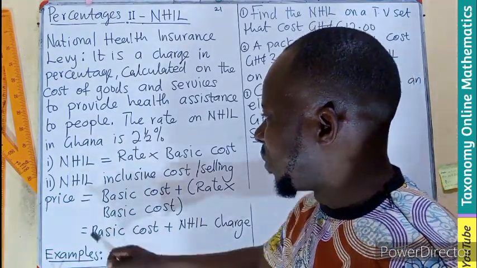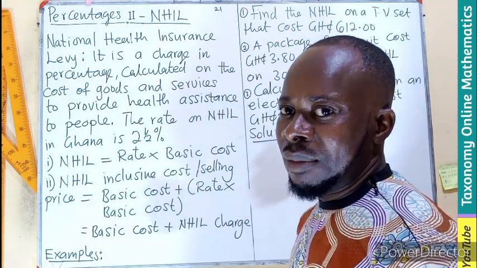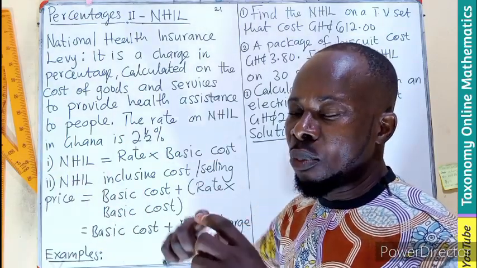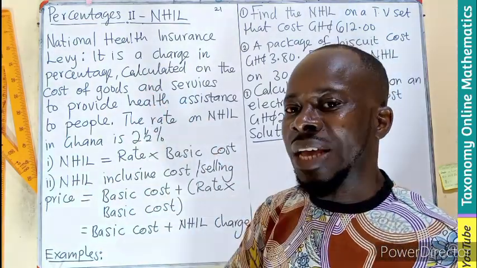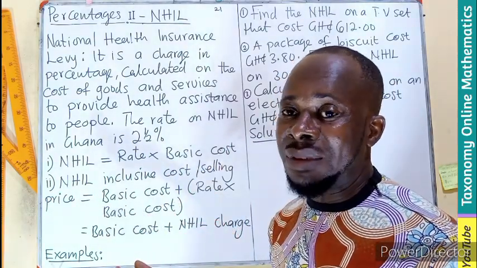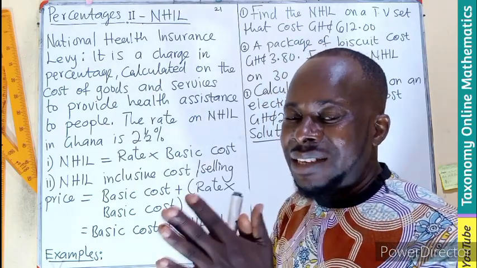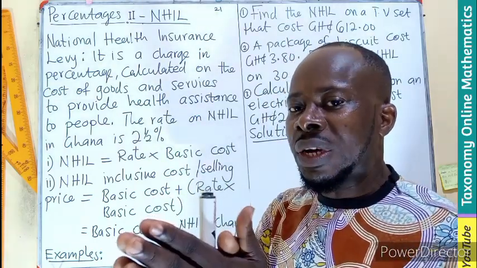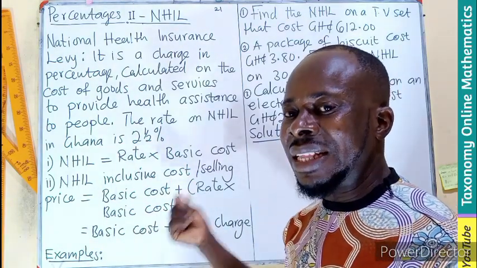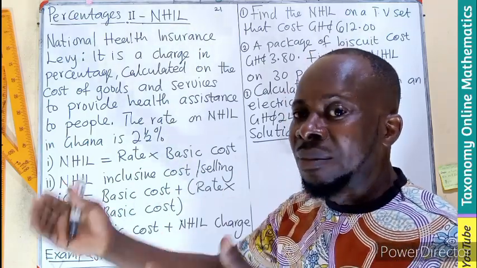Alright. Then we have what they call the National Health Insurance Levy inclusive cost. Meaning at the end of it, you, the customer, you are the one paying for that component. So that component will be added onto the actual price of the item to make it a holistic price. So if you are buying something in the store which is 10 Ghana cedis, if you pay 10 Ghana cedis for it, that 10 Ghana cedis, all is not going to the retailer or the storekeeper, because the storekeeper might have marked the item to be 9 cedis 50 pesewas or 9 cedis something.